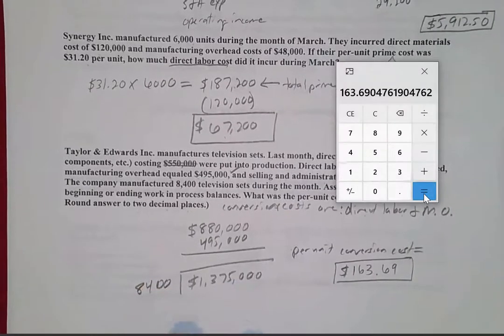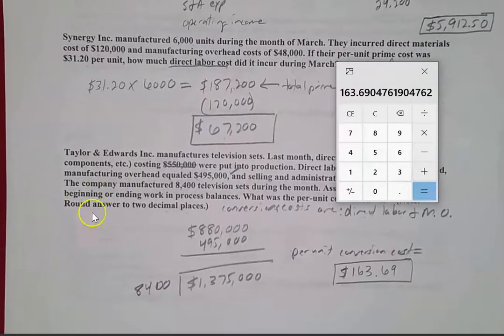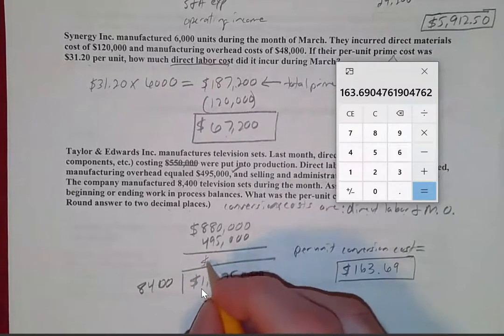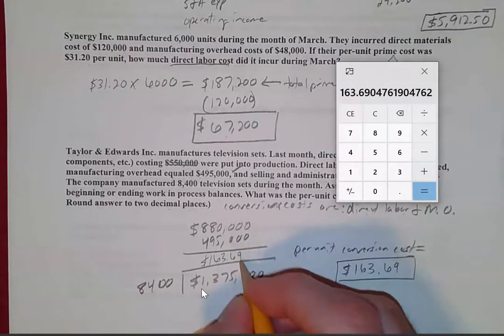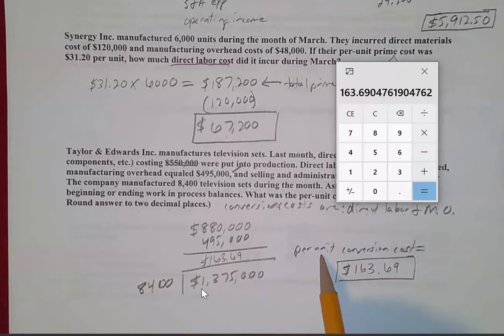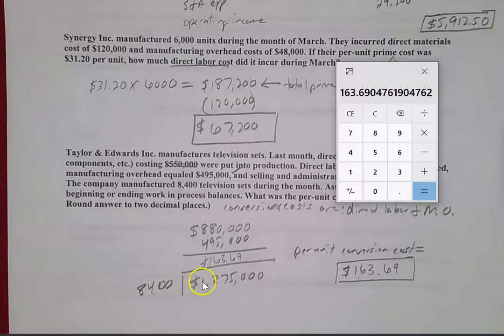I apologize. 880,000 plus 495,000 was the 1.375 million divided by 8,400 gave us 163.69, and then I just moved this over here. Per unit conversion cost equals $163.69. We can also see that up here on the calculator. Okay, that's it for this video.